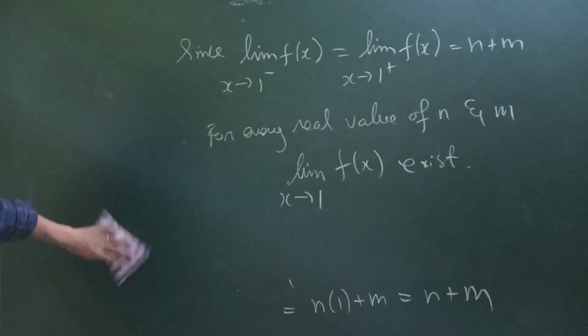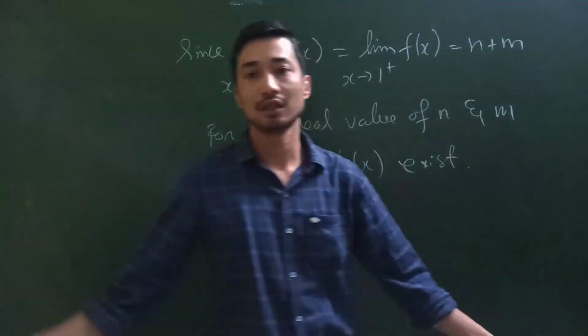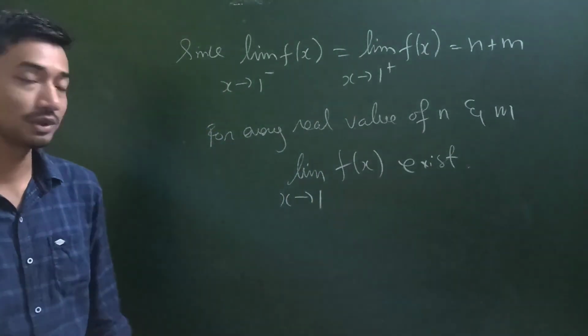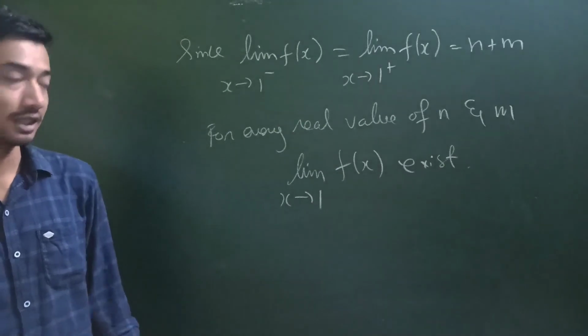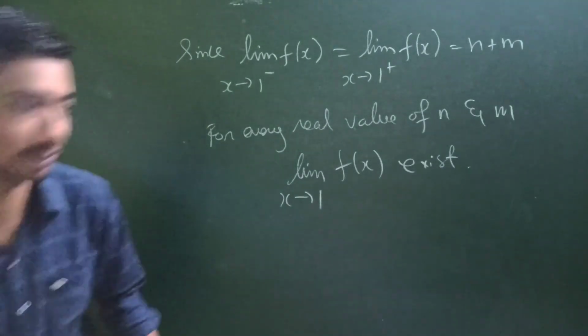Simple as that. For the first part, n had to be equal to m, but for this, it means for every real value of n and m, the function limit will definitely exist. So that's what we are basically supposed to be doing in this particular exercise.